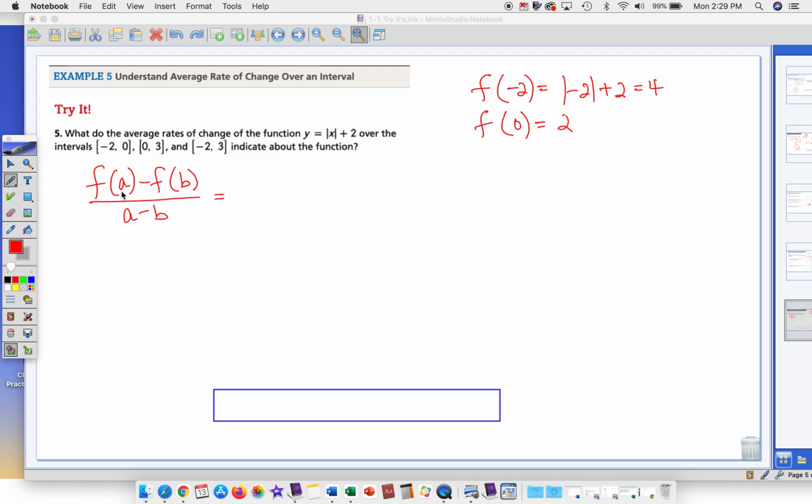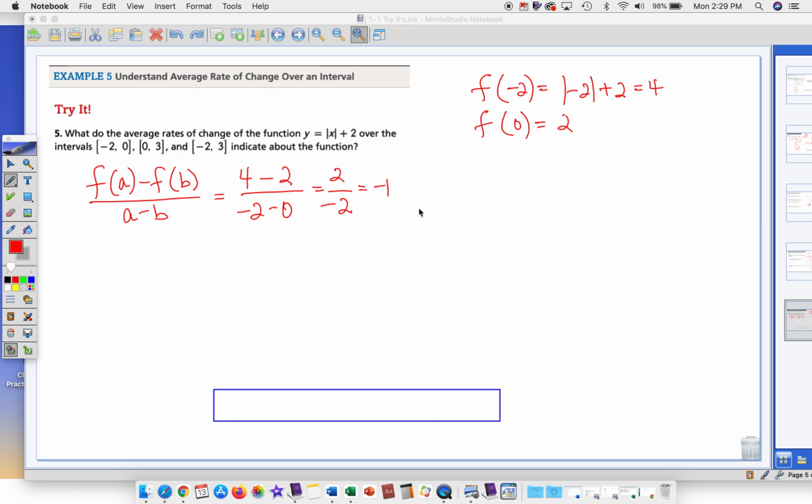So for my formula, when a is -2, I get 4, and when b is 0, I get 2. Then I'm subtracting these values, -2 minus 0. So I end up with 2 over -2, which is -1.